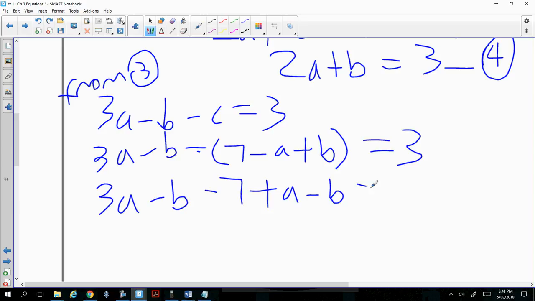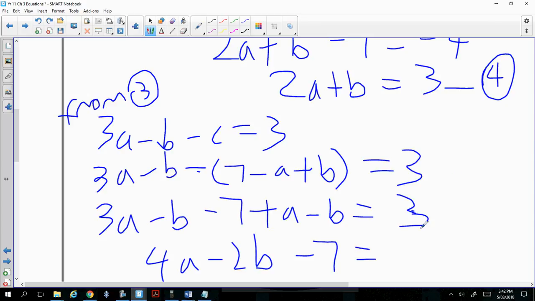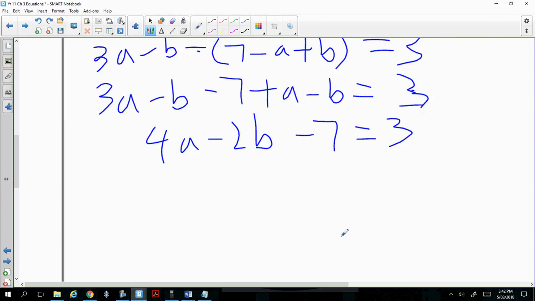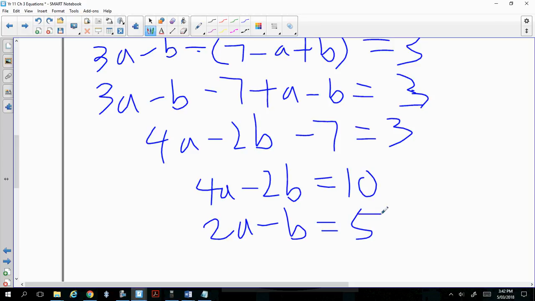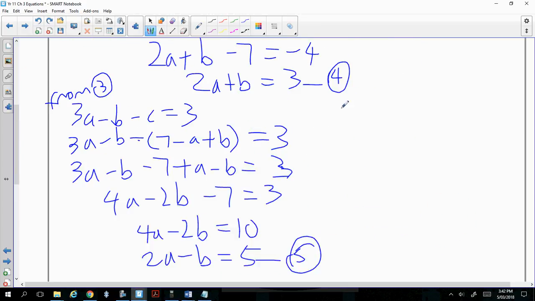Add like terms, so it will be 4a minus 2b minus 7 equal to 3. So 4a minus 2b equal to 10. Divide by 2: 2a minus b equal to 5. Equation 5. And now we have to solve 5 and 4 simultaneously using the elimination method.